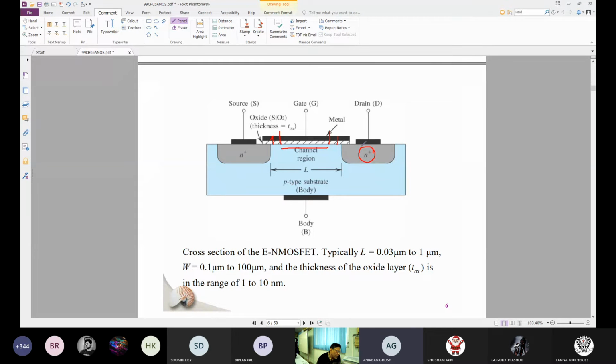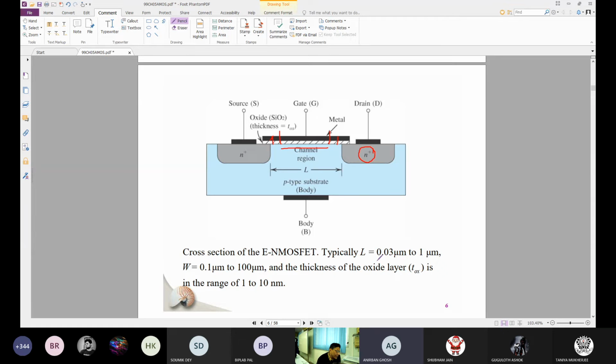So it denotes the extent of doping. If it is heavily doped, we represent it as N plus. N minus means lightly doped, and N means moderately doped.